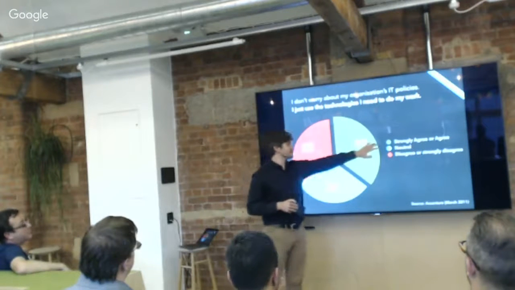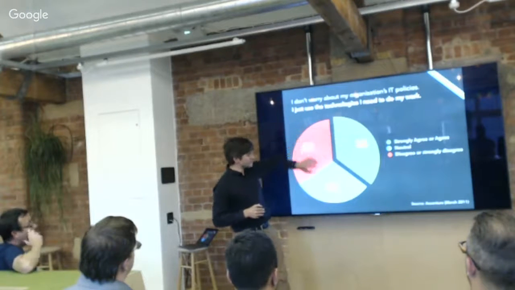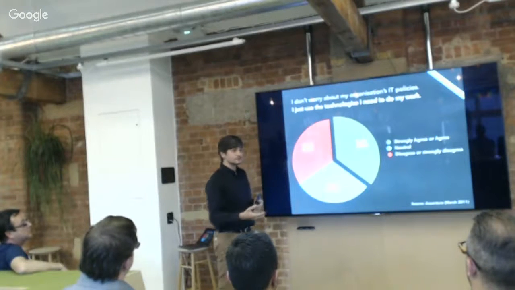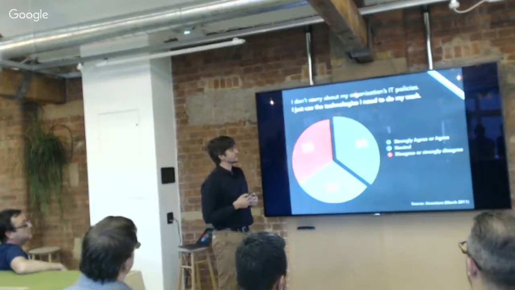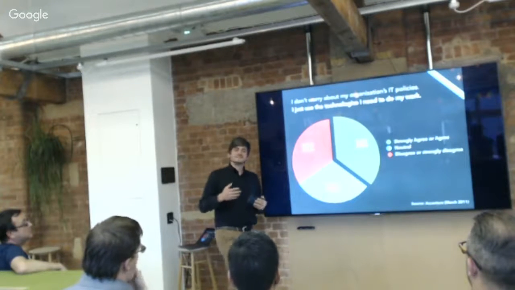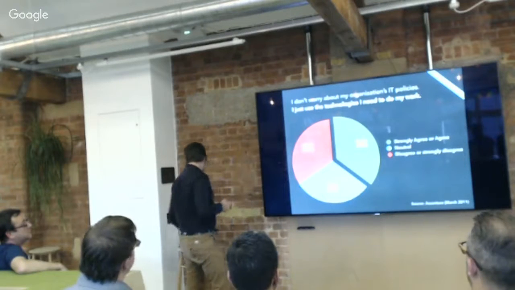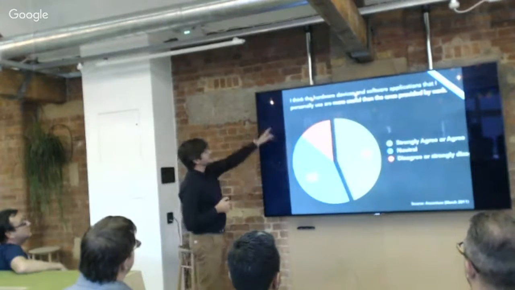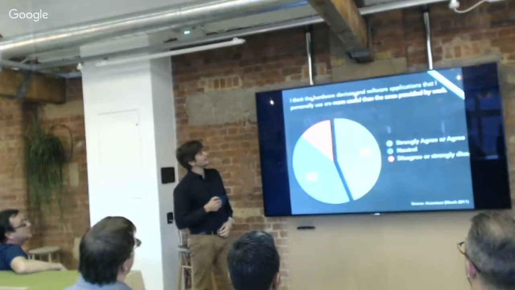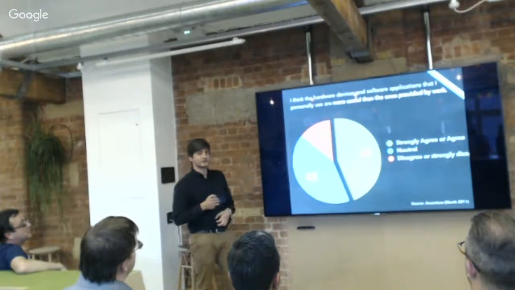Here, strongly agree 36, or neutral 30. So we see that clearly people want to use the tools that they are comfortable with, and I guess it's better when IT tries to help them with the tools. Here, "I think the hardware devices and software applications that I personally use are more useful than the ones provided by work."